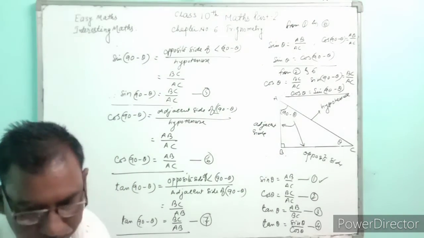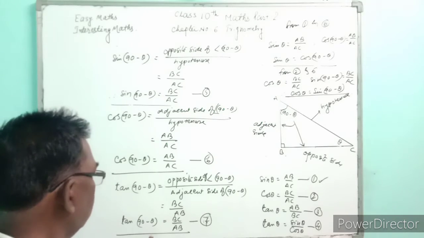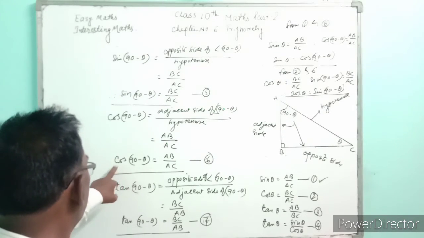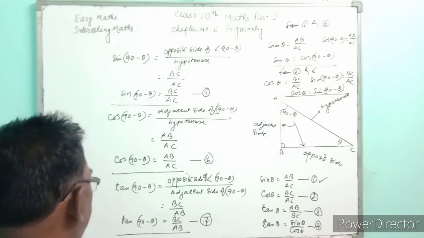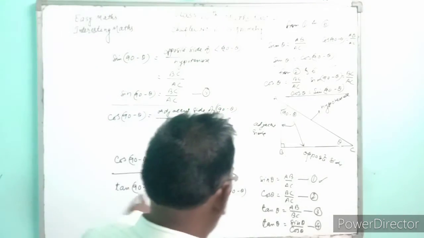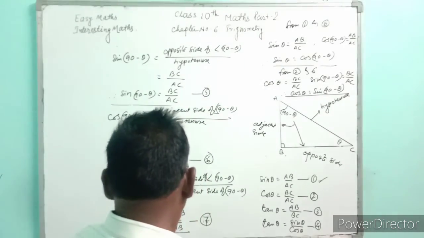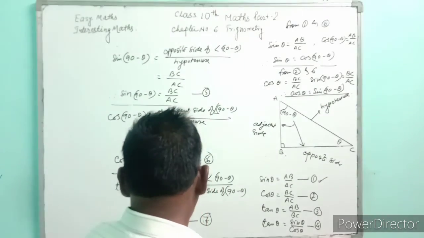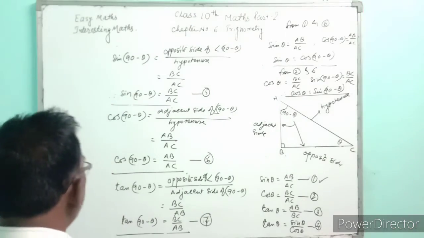We will see the relation between tan theta and tan 90 minus theta, AB by BC and BC by AB.